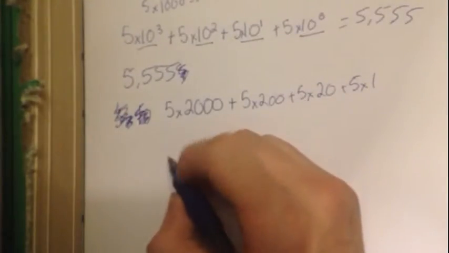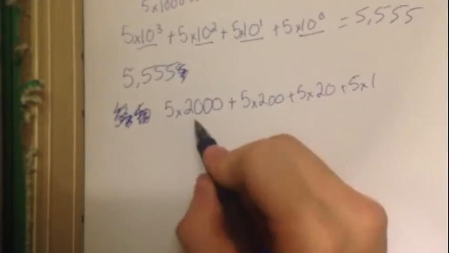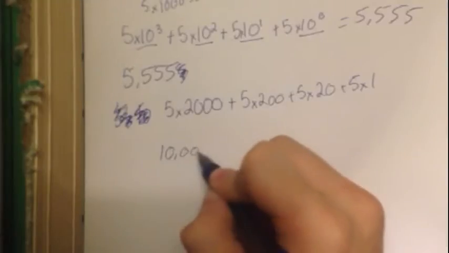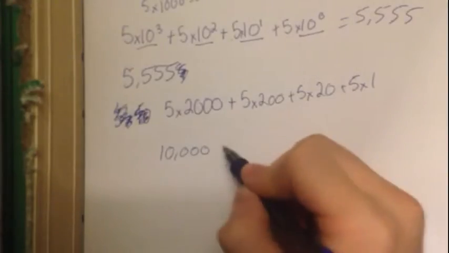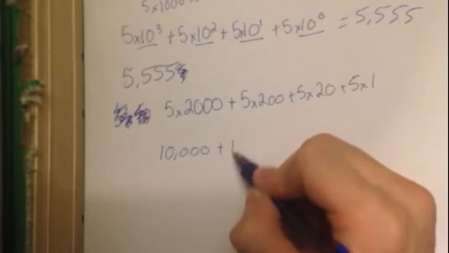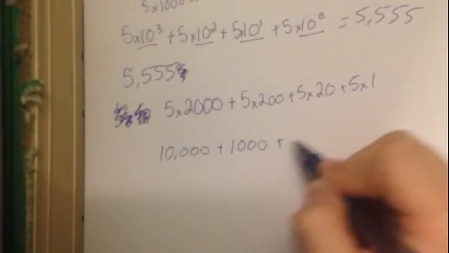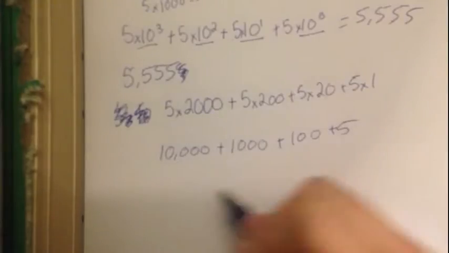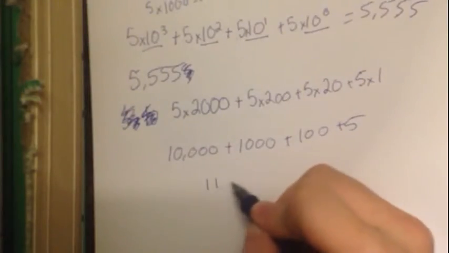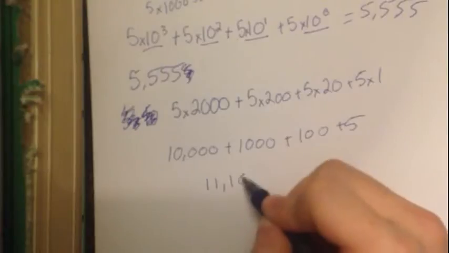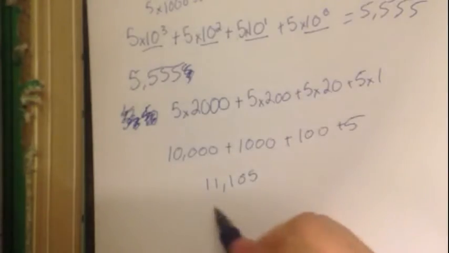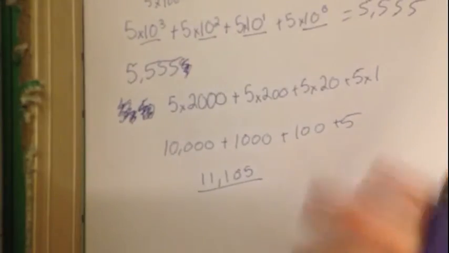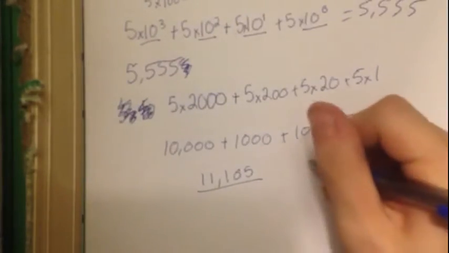And that would get us 5 times 8,000, 40,000, plus 1,000 plus 100 plus 5 gives us 11,105. Okay, and that's what that number would represent in Mayan notation.